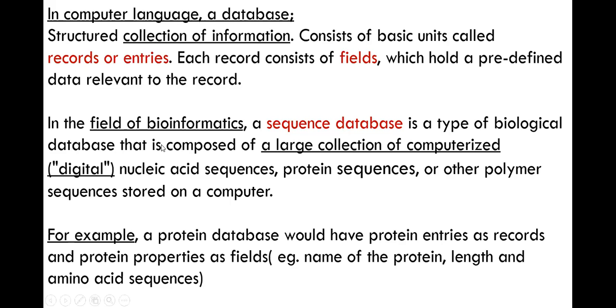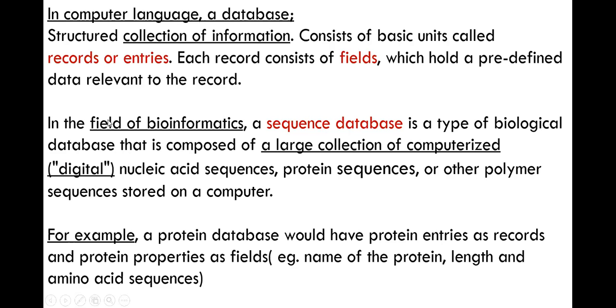But coming to the field of bioinformatics, a sequence database is a type of biological database that is composed of a large collection of computerized, digitalized nucleic acid sequences, protein sequences, or other polymer sequences stored on a computer. So in a database in general, you're talking about the computer's information that is general to a computer biologist or common person.